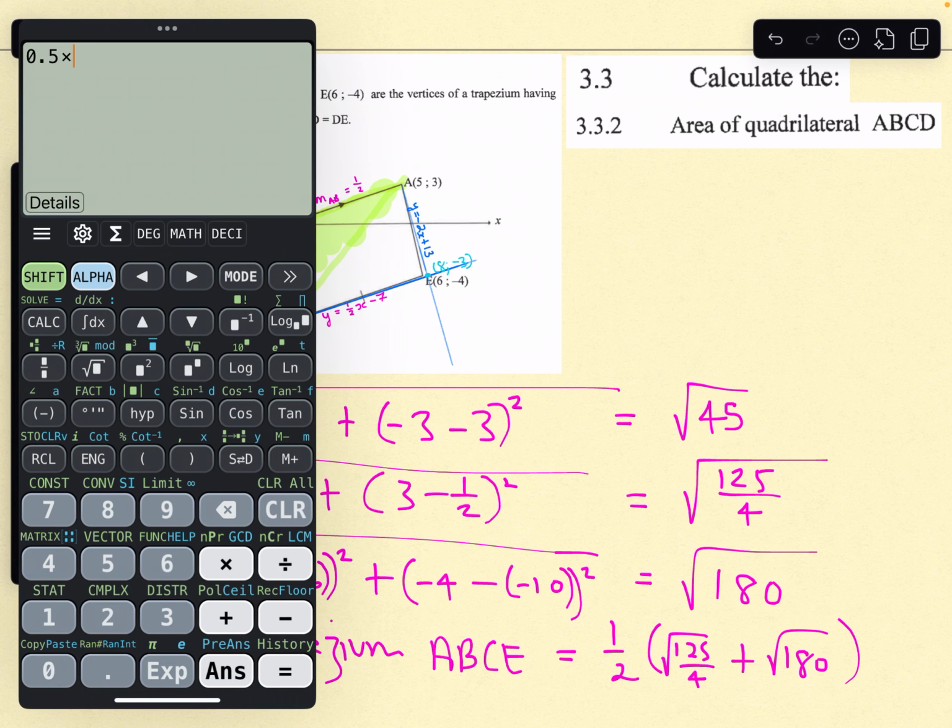So half times the square root of 125 over 4 plus the square root of 180. Do you not have a nice representation of that number for me? Come on now. Oh yes, you do. Love it. Love to see it.